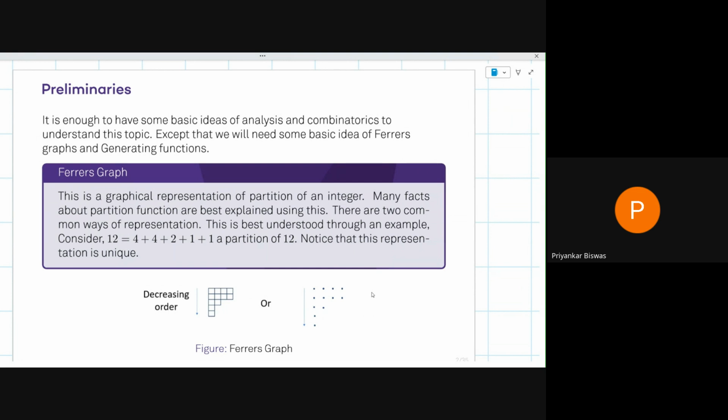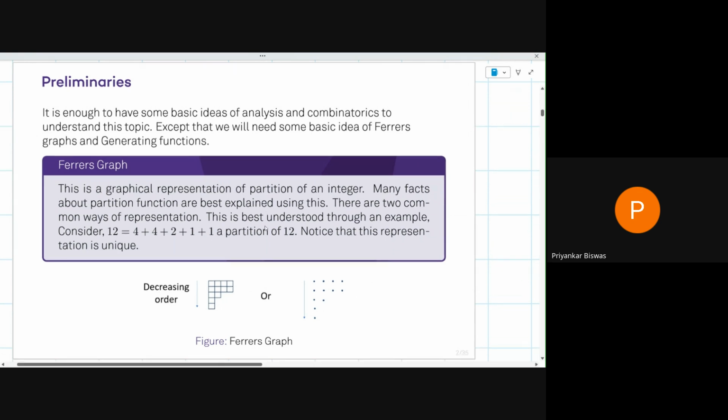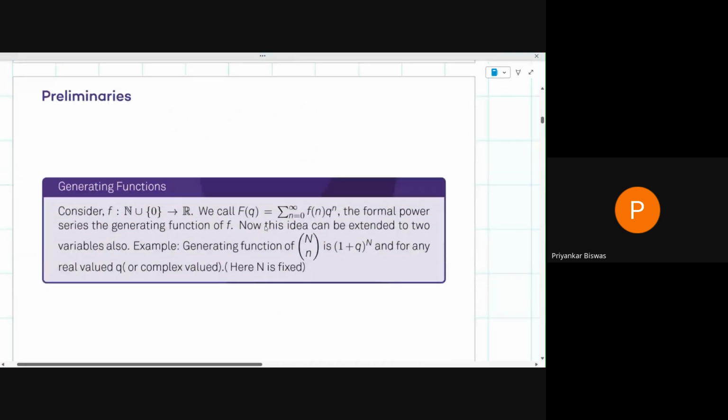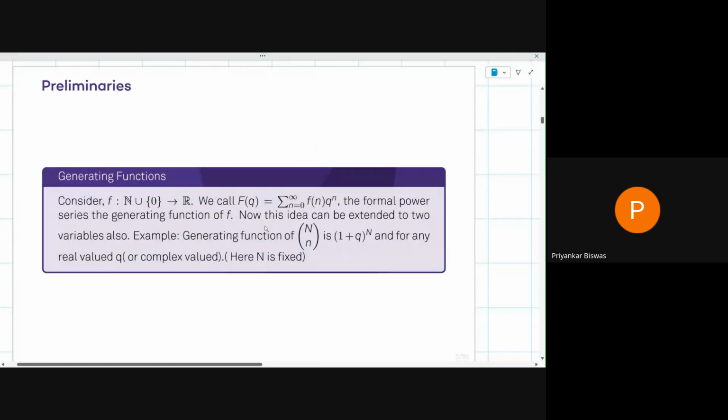Yes, sir. Okay, so next we will go to generating functions. Suppose f is a function from the natural numbers union the set containing 0 to the reals, and the generating function of this function is the formal power series, which is the sum from n equals 0 to infinity of f of n times q to the power n.